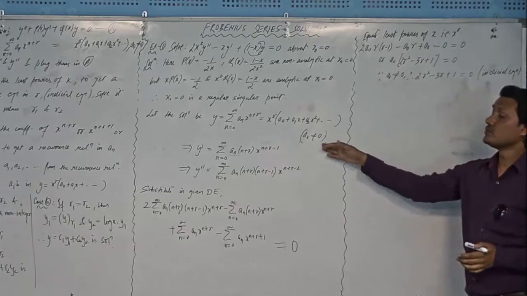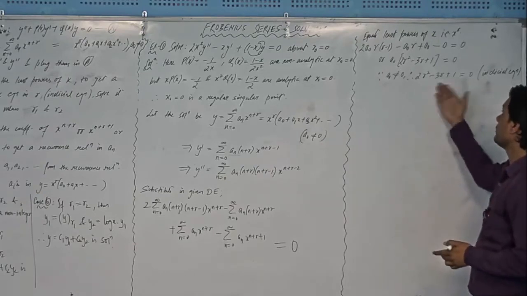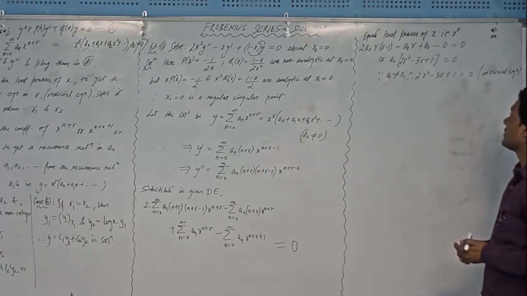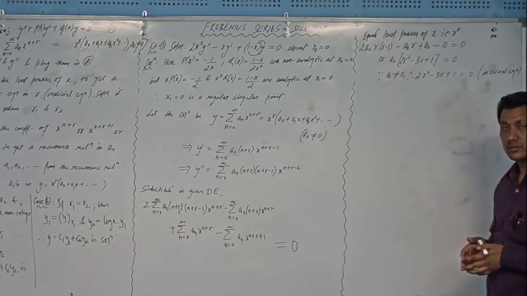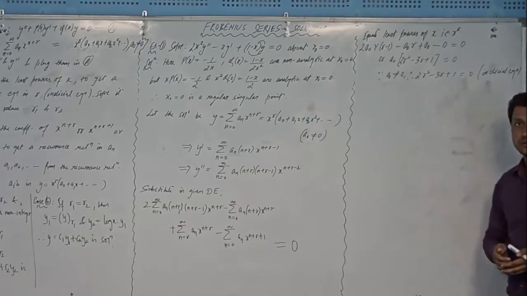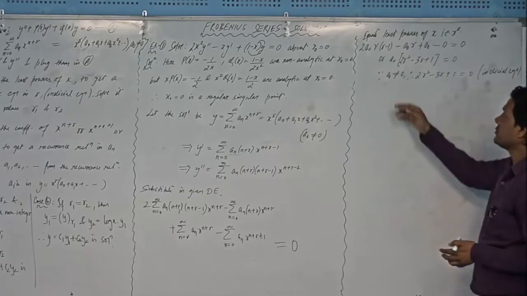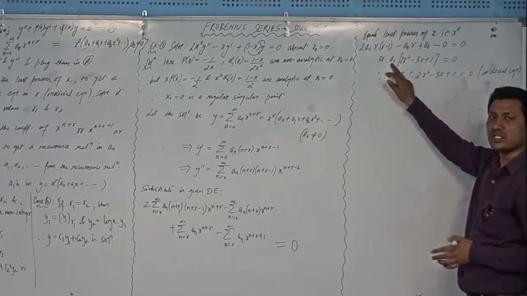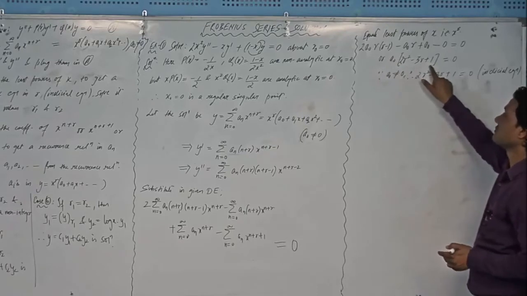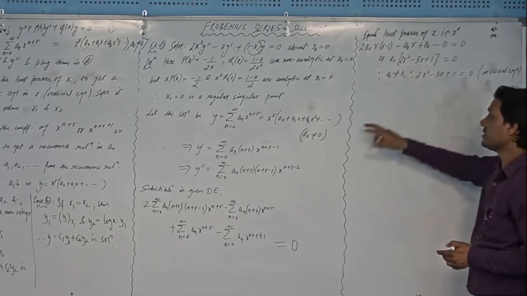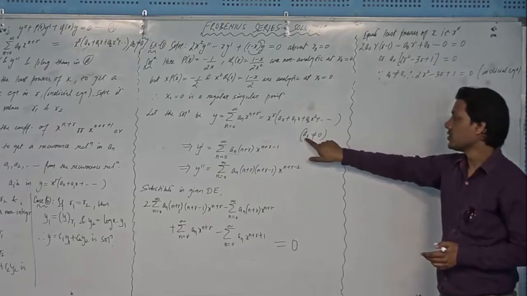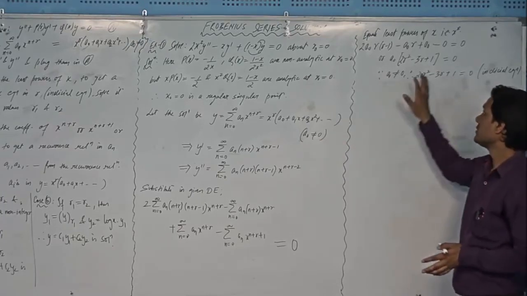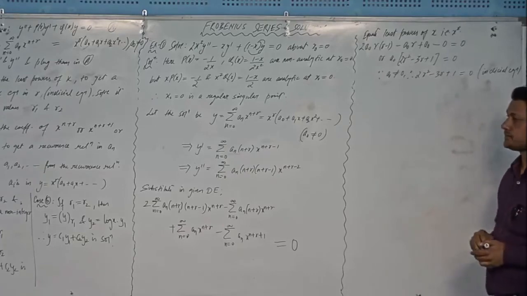If you take a naught equal to 0, then you will not be having this quadratic Indicial Equation. You must have the Indicial Equation to get the values of r, right? If you choose a naught not equal to 0, only in that case you can put this equal to 0, right? And that's why the non-zero value is important for a naught. A naught should be non-zero in order to get this Indicial Equation, right?